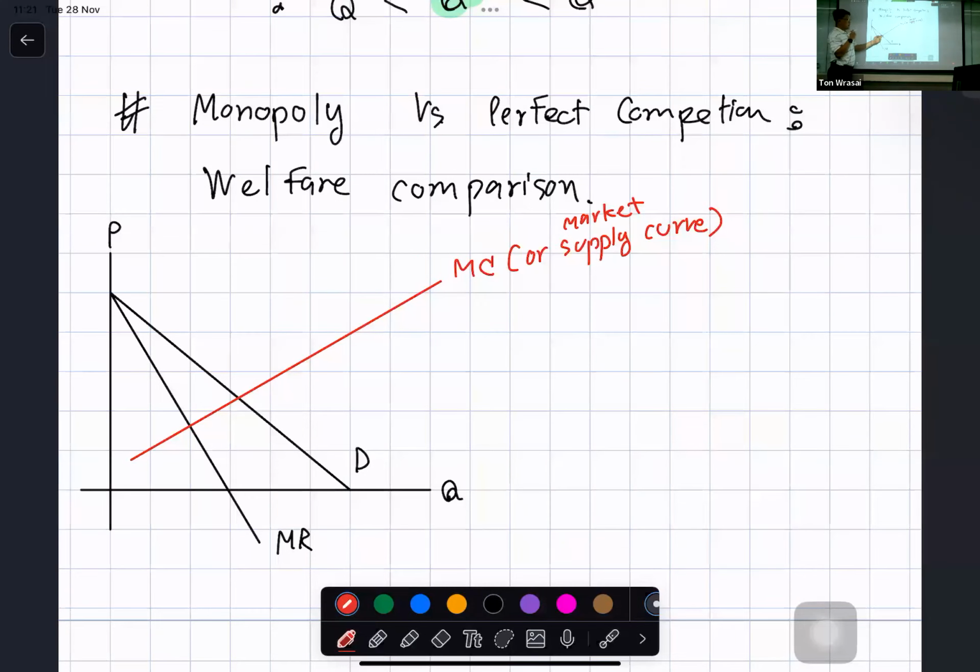Here we have the demand curve, marginal revenue curve, and marginal cost curve, or market supply curve.